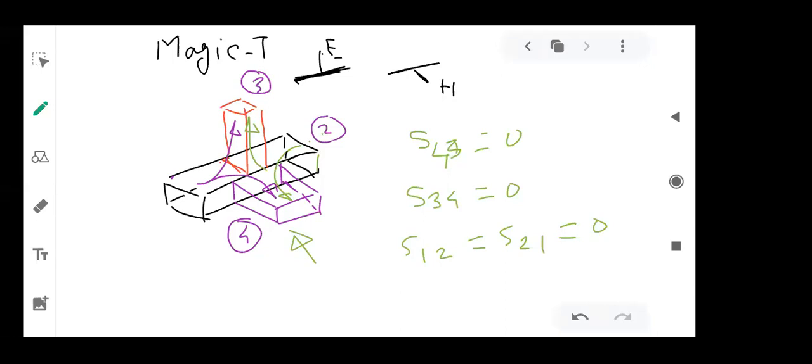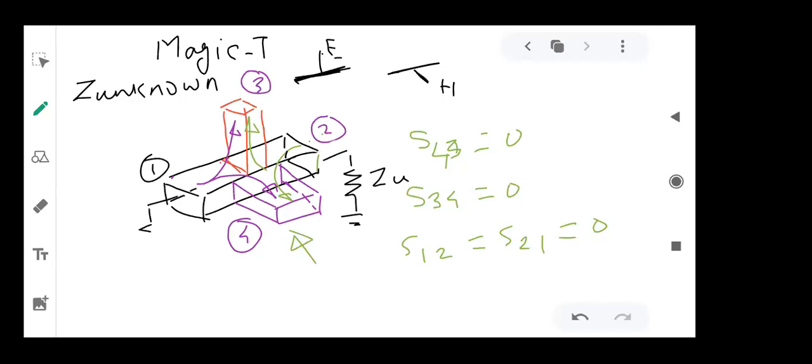My goal is to measure an unknown impedance, which is connected at port number 2. I will name it ZU, where U means unknown. And at port number 1, I will connect a known impedance, which is variable in nature. I can vary it.